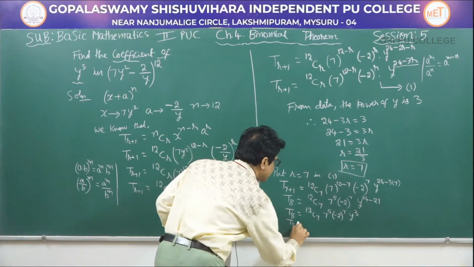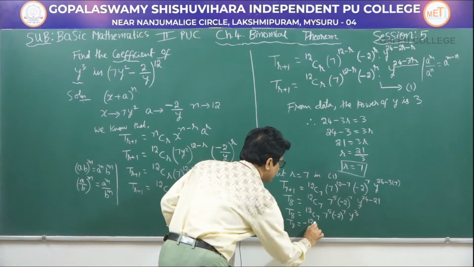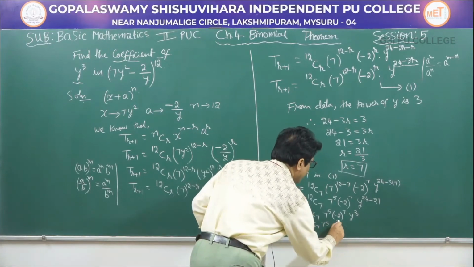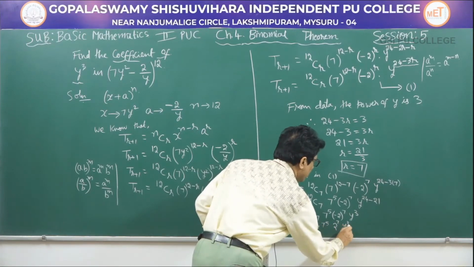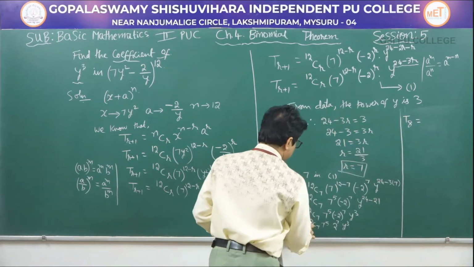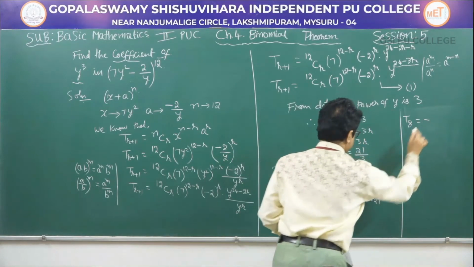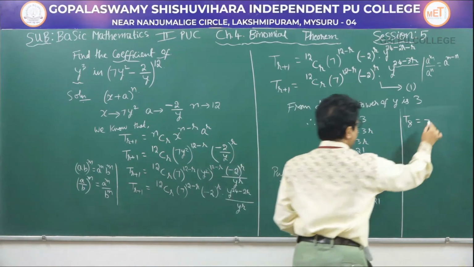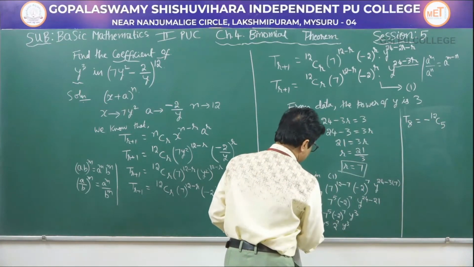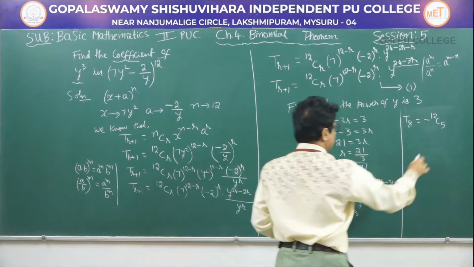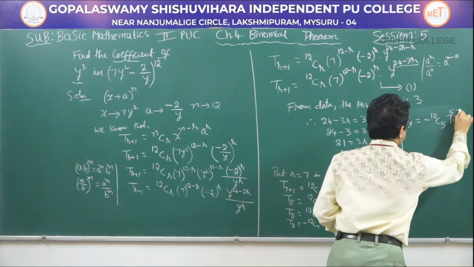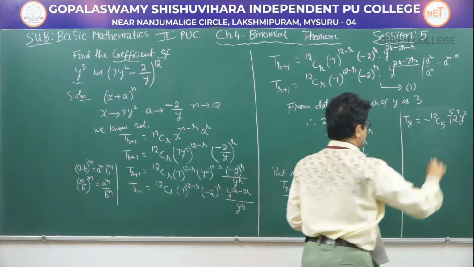So T8 is equal to minus 12C7 into 7 power 5 into 2 power 7 into y cube. T8 is equal to minus 12C7, which can be written as 12C5 because 12 minus 7 is 5, into 7 to the power of 5 into 2 power 7 into y cube.